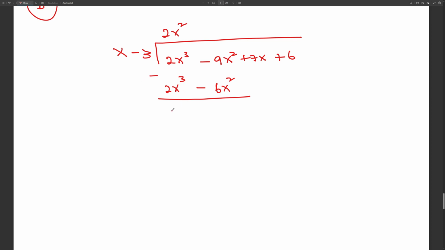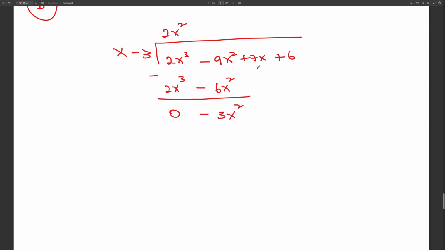So this minus this, I'm going to get 0. Negative 9x squared minus negative 6x squared is negative 9x squared plus 6x squared, and that is negative 3x squared.